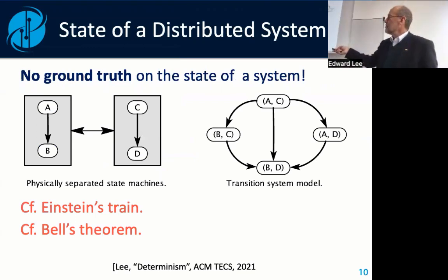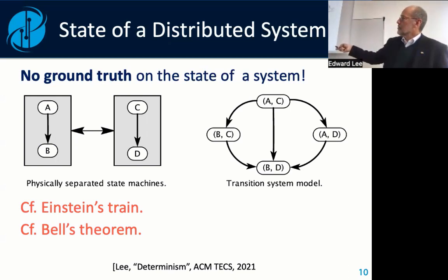So suppose you have 2 physically separated state machines. By the way, if you're interested in diving into this idea more, I have elaborated a discussion of this in a paper called Determinism, published in 2021.